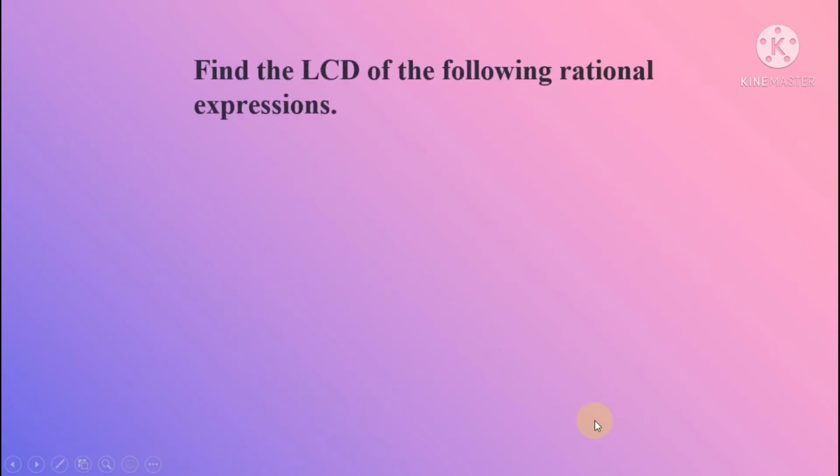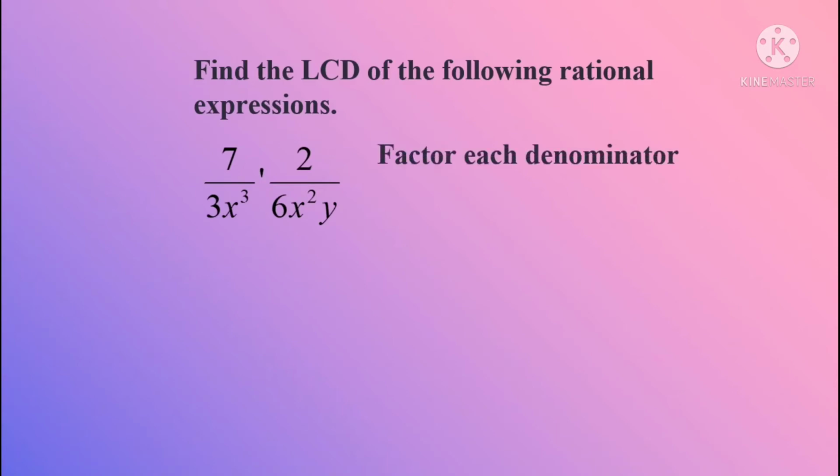So let us find the LCD of the following rational expressions. Factor each denominator. So get the factors of the denominator 3x cubed: 3 times x times x times x.